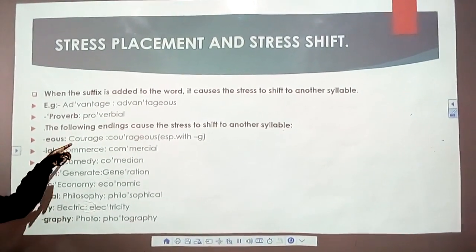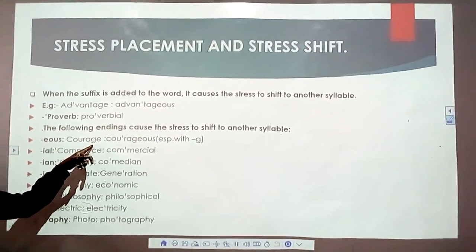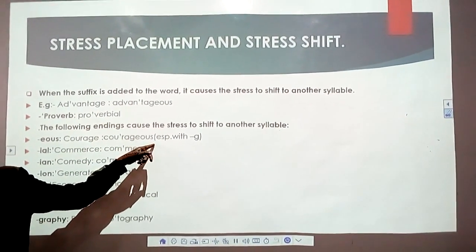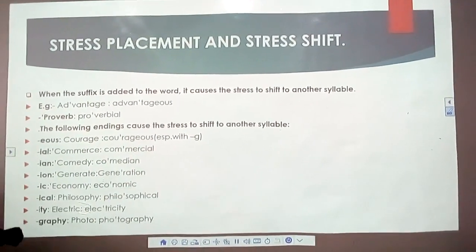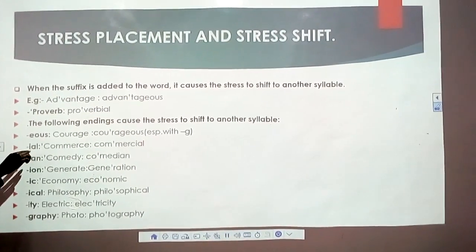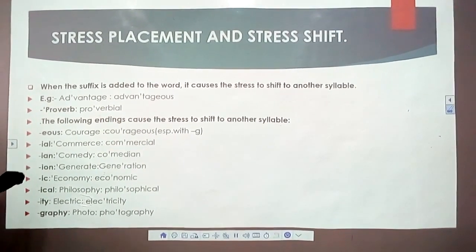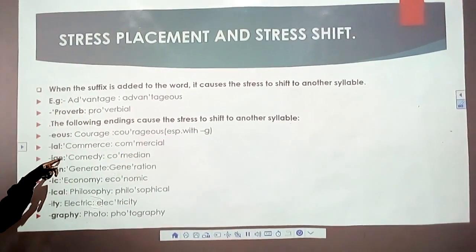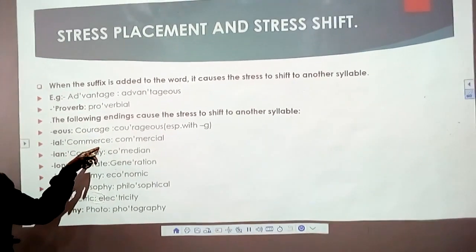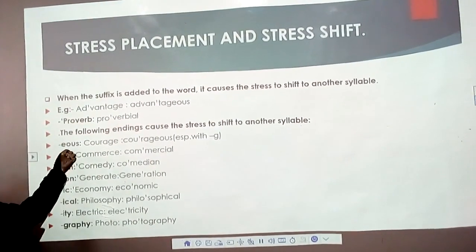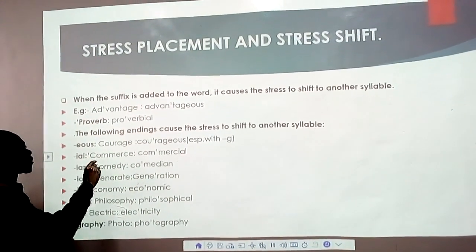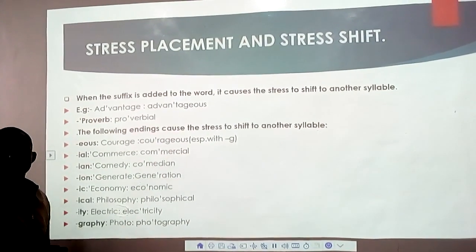Once it was read like courage, now it is courageous. Then for words ending in -ial, like you have seen on proverbial, now it is commercial. You see stress on C, now it is on M. It has moved because of this suffix.